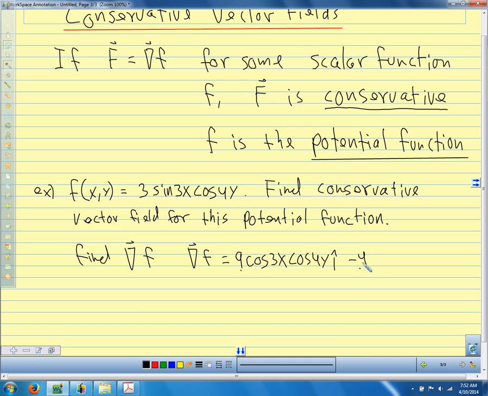That would be a conservative vector field. A question like this is asking us to find the gradient.